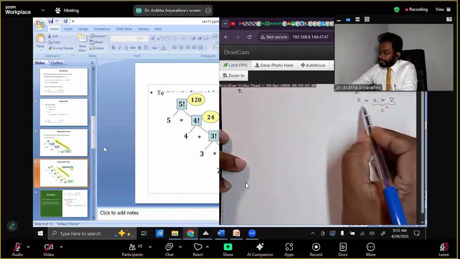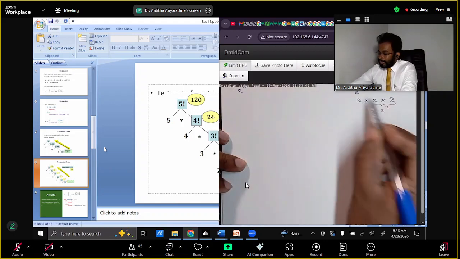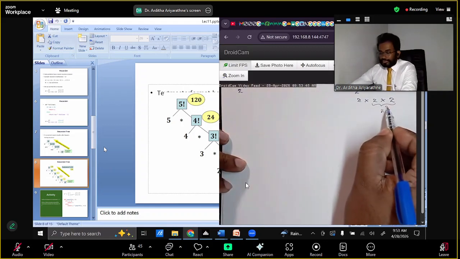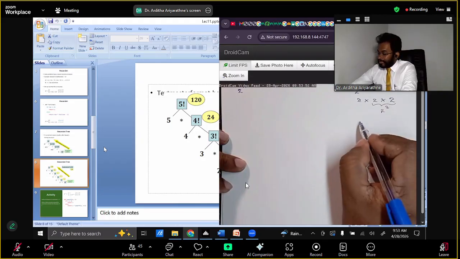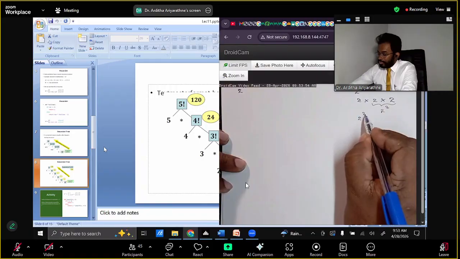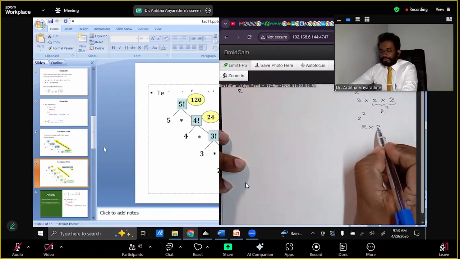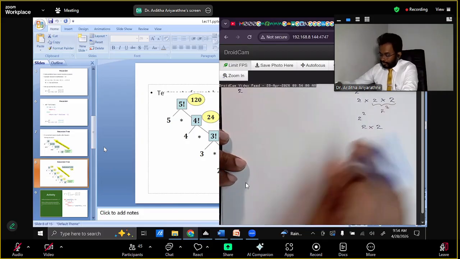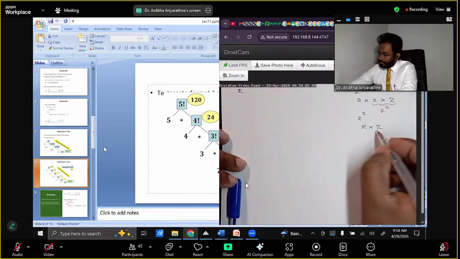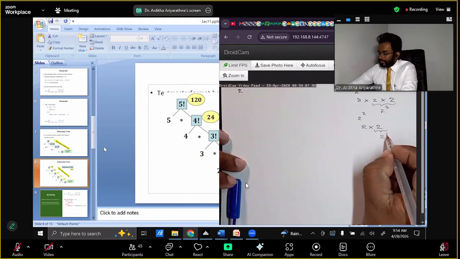Then 2 multiplied by 2 to the power 2. If we write 2 to the power 2, what is it? 2 multiplied by 2 to the power 1.